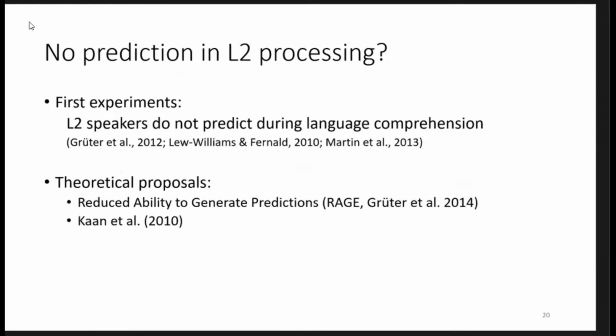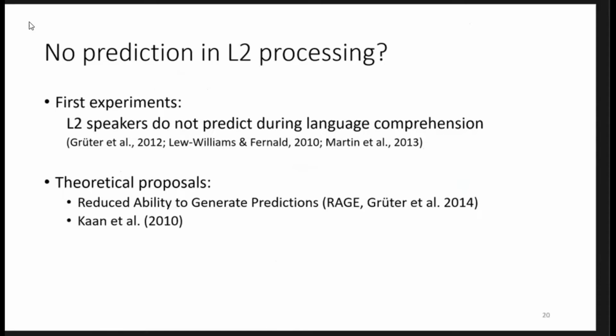So these first experiments suggested that indeed L2 speakers do not use information predictively. On the basis of that, some people, including myself, suggested that L2 speakers cannot predict or have a reduced ability to predict. And that could potentially explain some other findings in the literature.